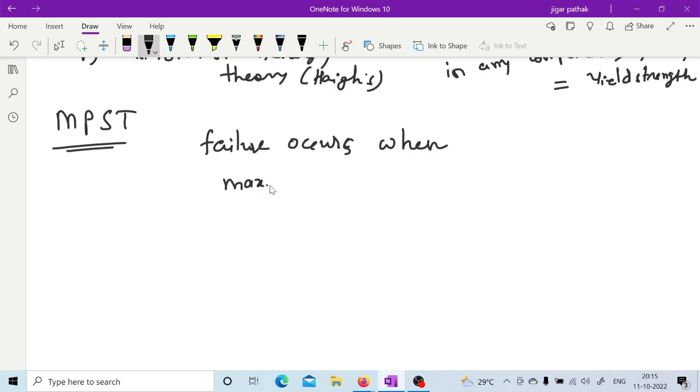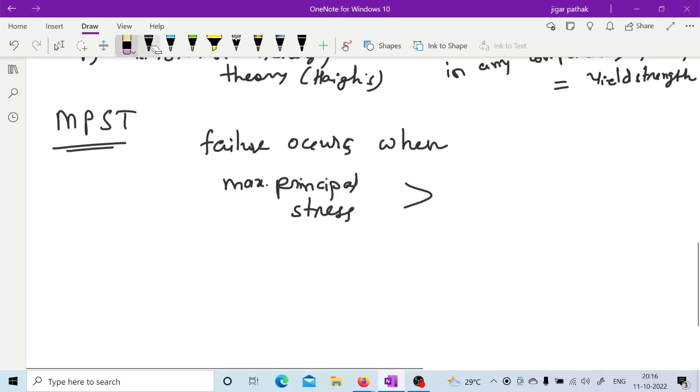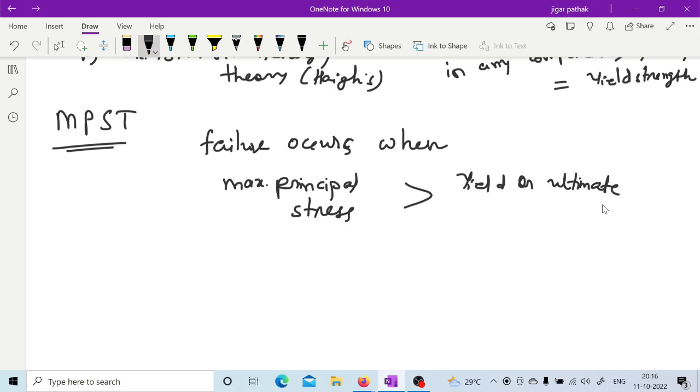the maximum principal stress reaches or is greater than the yield or ultimate tensile strength, right? Yield or ultimate strength, as we have discussed. In case of ductile, it is yield.